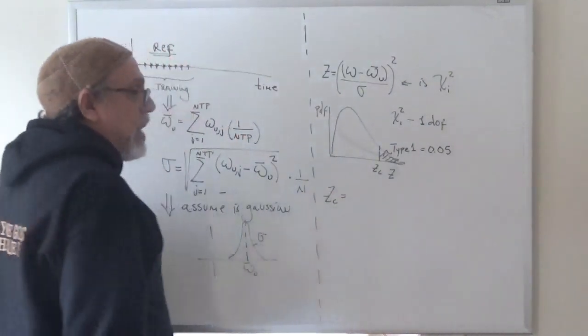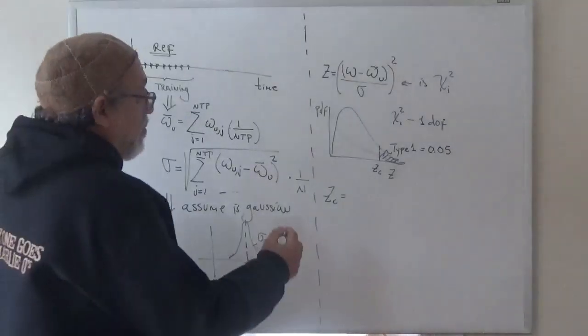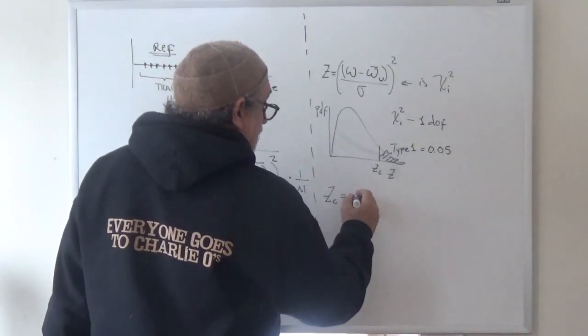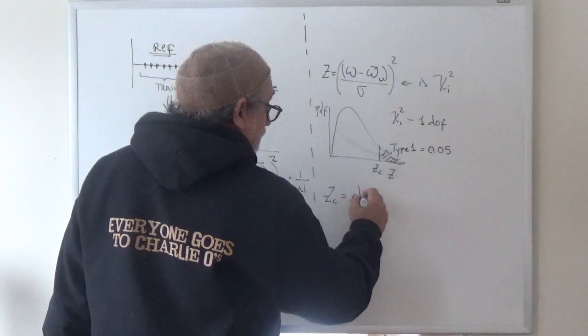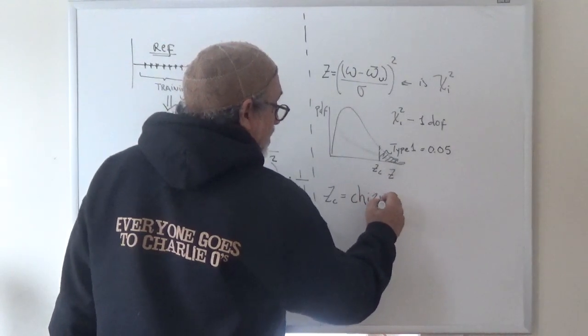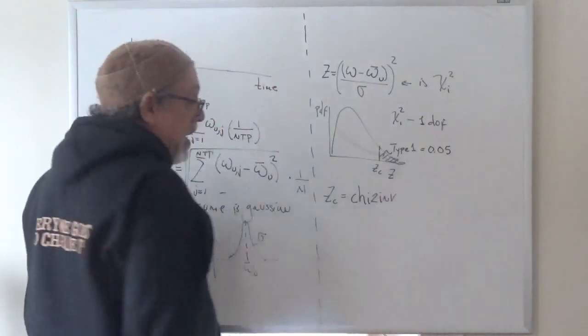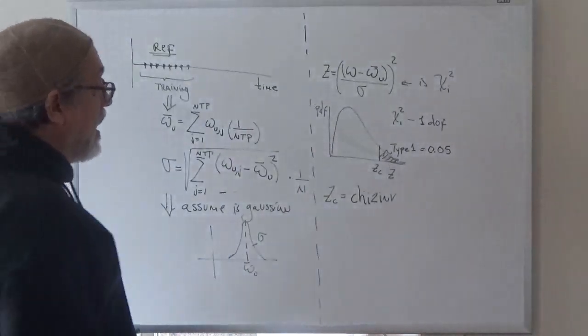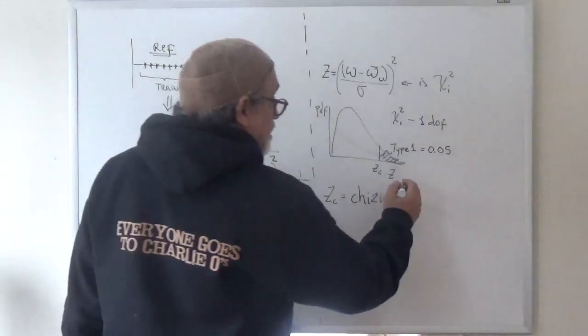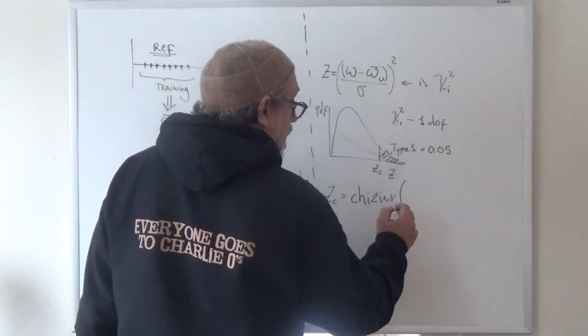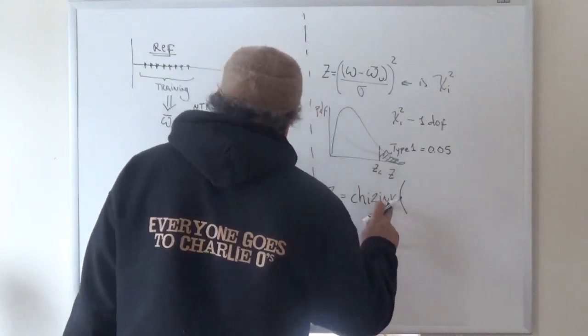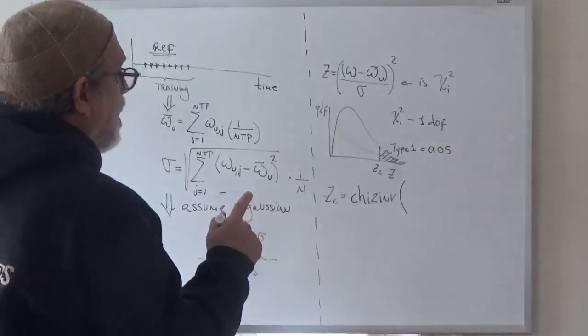As we've mentioned in previous classes a couple of times, this would be the chi-squared inverse in MATLAB. Is this the chi-squared inverse? Wait a second.